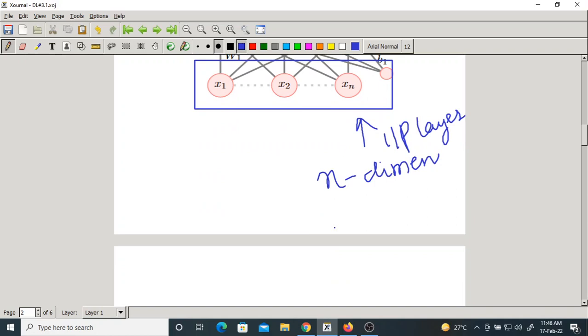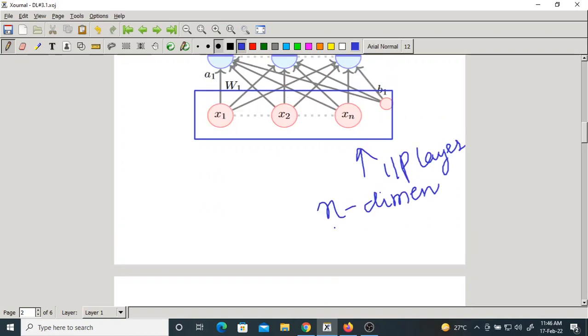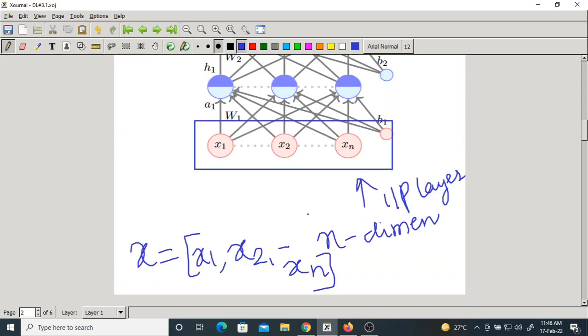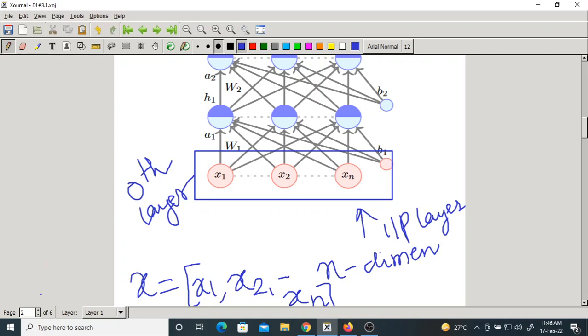So we can say input x equals an n-dimensional vector, x1, x2, and so on, xn. It contains n elements. So the input layer is called the zeroth layer. It has n elements, so it is an n-dimensional vector.